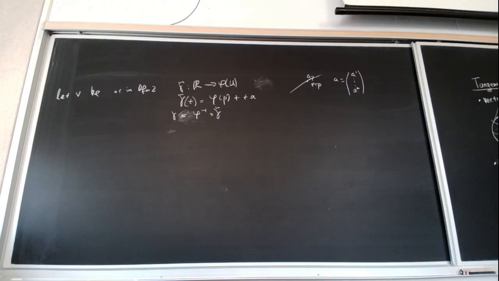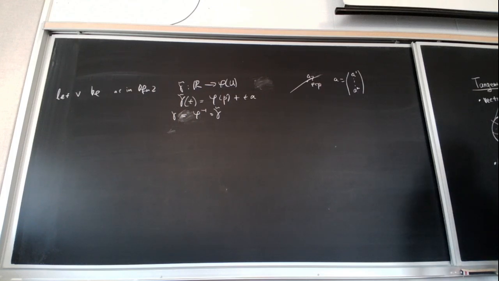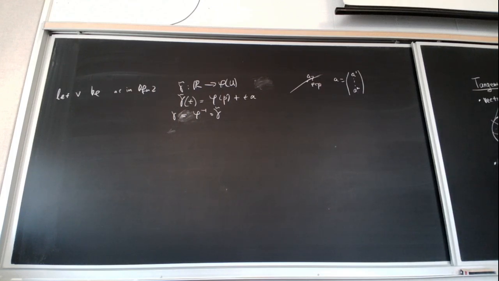Something's inconsistent, because I already wrote phi inverse here, and then you're evaluating phi at P and then phi inverse at P. Phi is from U to R, and P is a point in U. No, we want phi inverse, and we want to do it at phi of P. I only know how to take derivatives of maps in Rn.